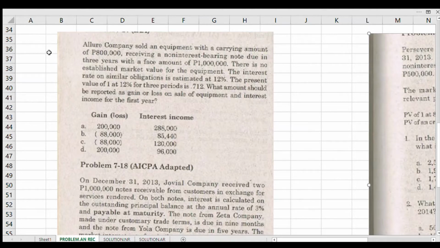There is no established market value for the equipment. The interest rate on similar obligation is estimated at 12%. The present value of one at 12% for these periods is 0.712. Now, the question is, what amount should be reported as gain or loss on the sale of equipment and the interest income for the first year? So, we have 4 choices here.